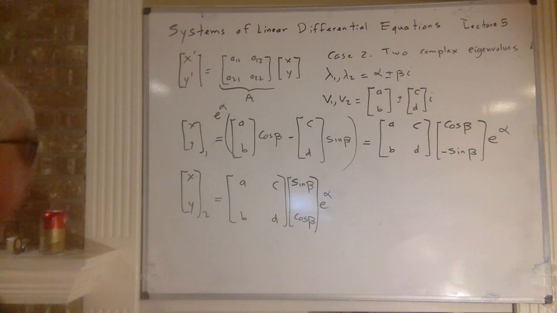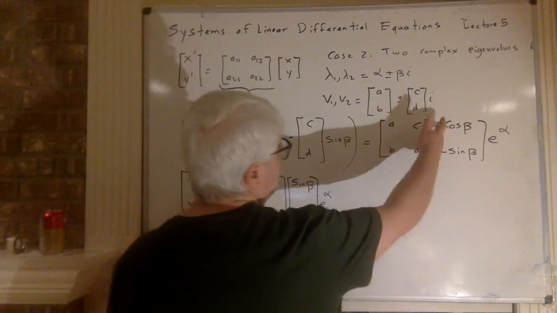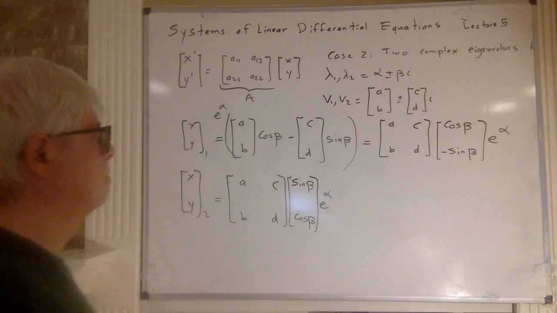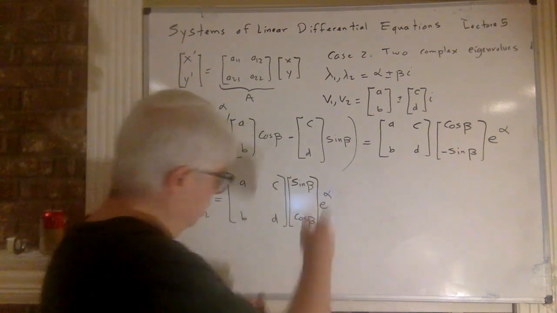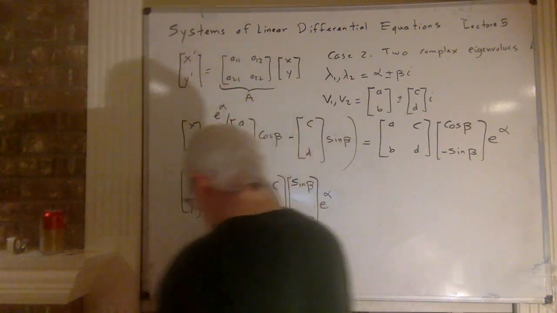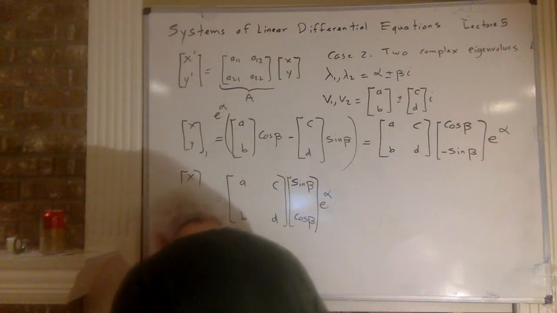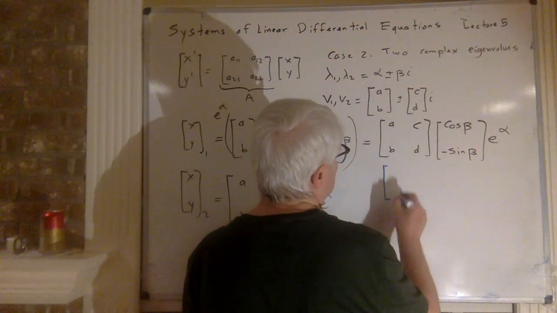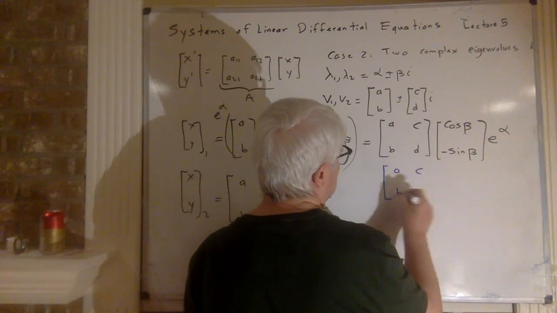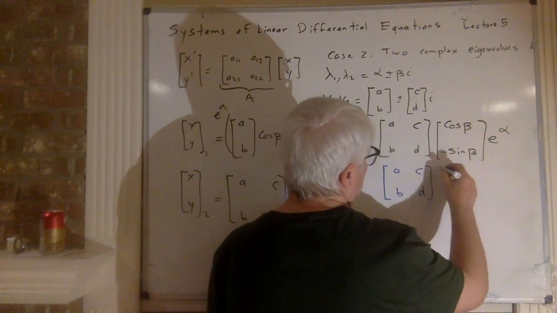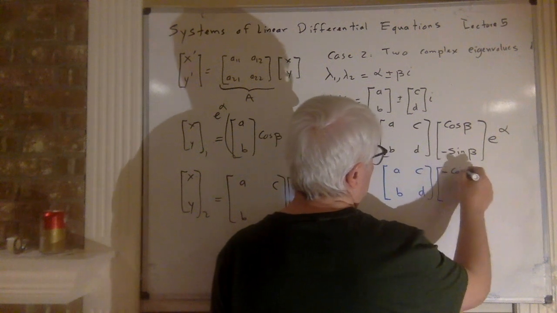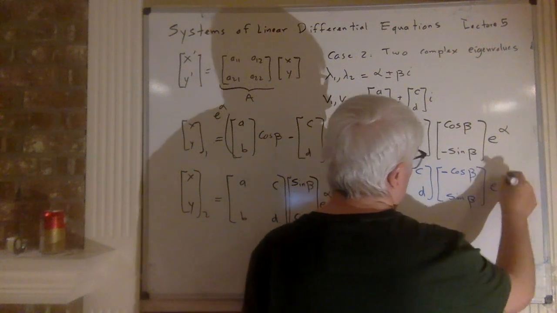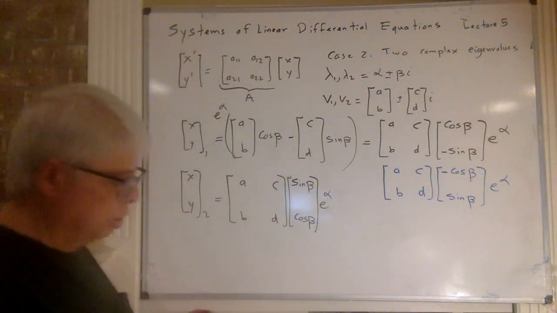Now I personally prefer cosine to be negative, but you can either write it like this or like that. Or maybe in my posted notes I chose this, which doesn't make any difference, because you are multiplying this by a constant.